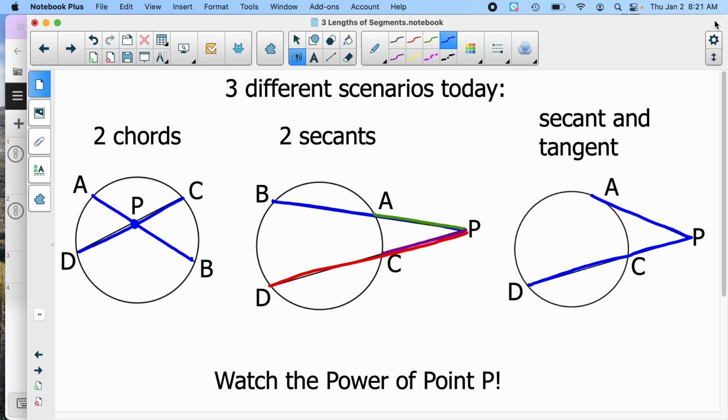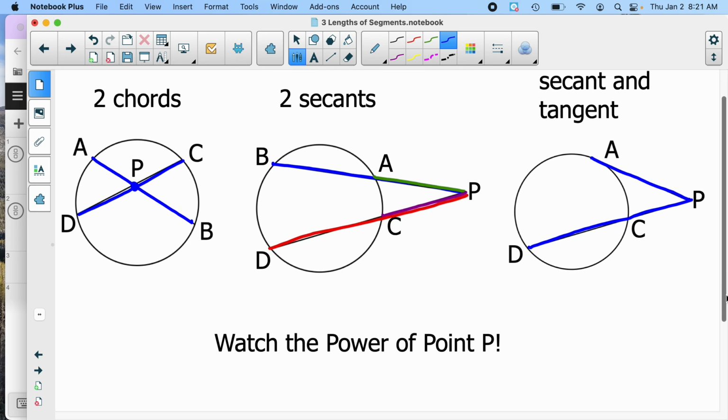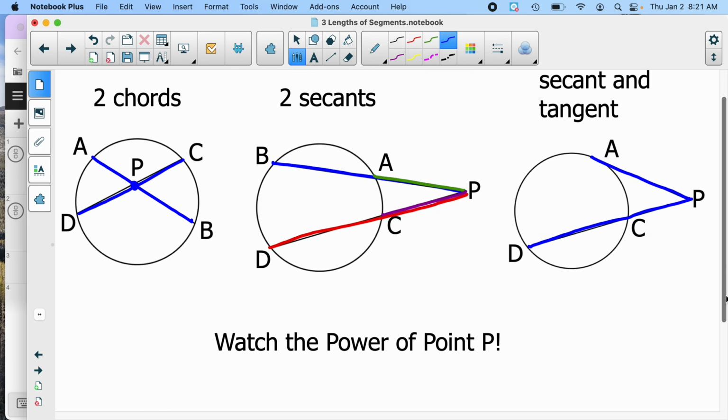So when we talk about the power of point P, what we're saying each time is that the product of the segments that point P makes with the circle is always constant. So in this case, PA times PB is equal to PC times PD. I'll pause for a minute while you write that down.